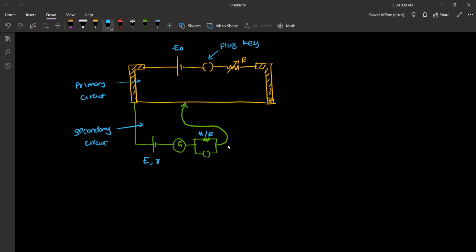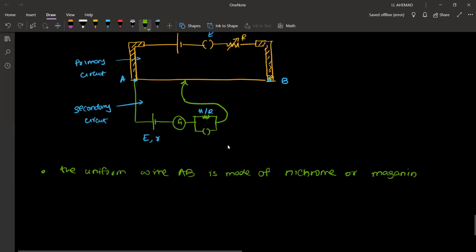So here, this wire, let's say wire AB, the uniform wire AB is made of nichrome or manganese, just like the meter bridge.